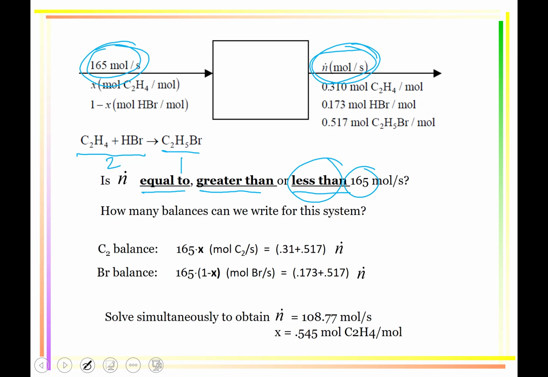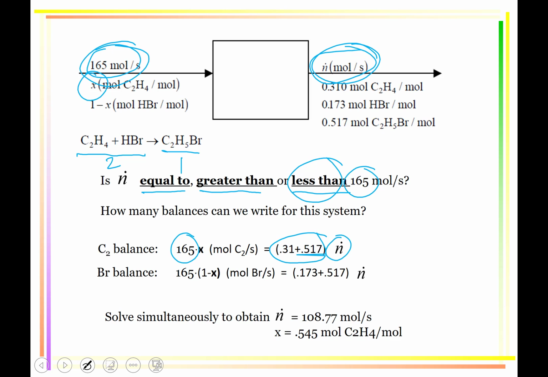Okay, so how many balances can we write for this system? We said we can write 2 balances, C and Br. So here they are. For our carbon in, we have 165 times the mole fraction, and that's going to equal the mole fractions out that have carbon, okay, times n dot.